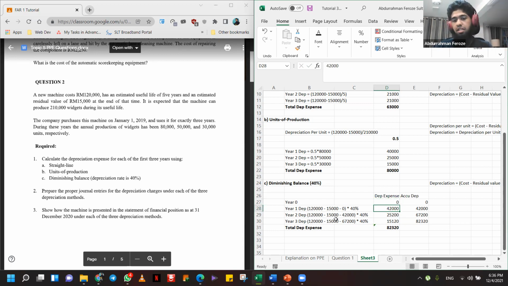For year 1, the formula is cost minus residual value minus accumulated depreciation, into 40%, so 42,000. At the end of year 1, accumulated depreciation is 42,000.